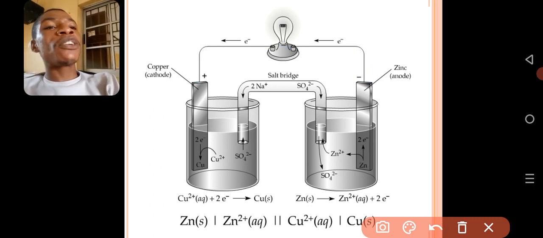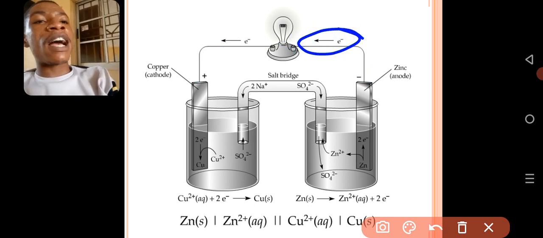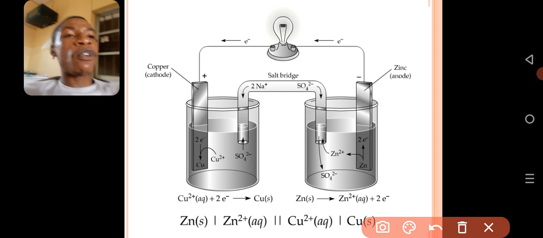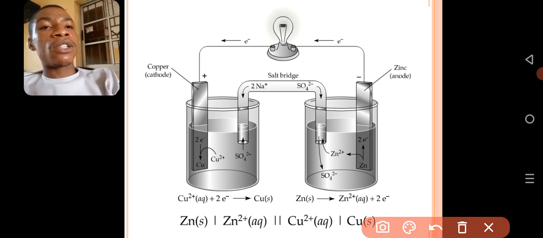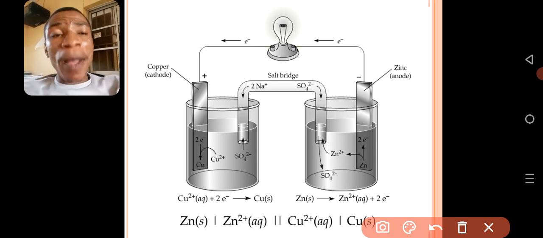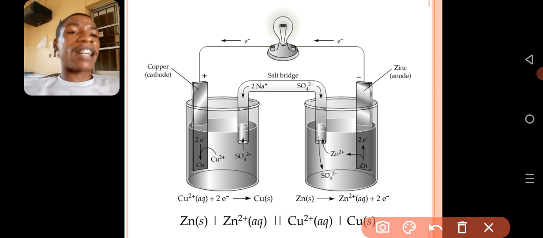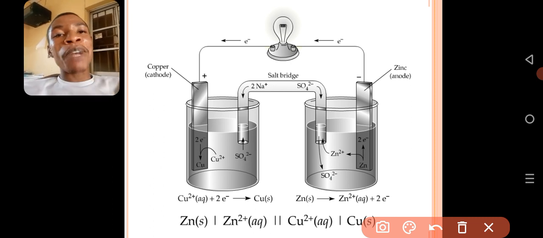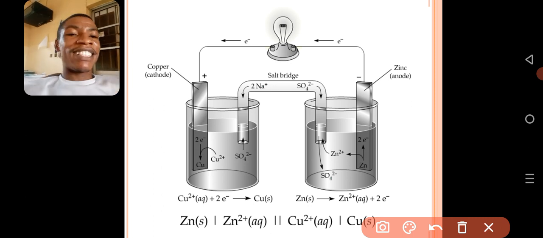Then this is the direction of electron flow, as you can see here, moving from zinc to copper, because zinc is higher than copper in the activity series, or zinc has lower reduction potential than copper. Take note of that.